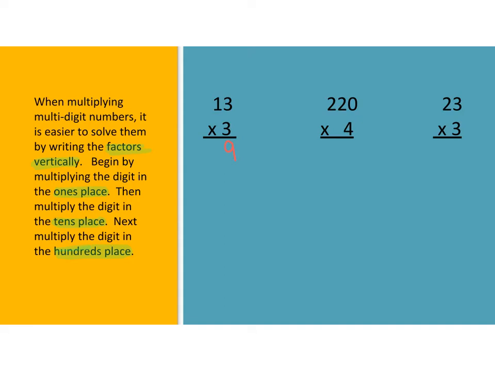Now I'm going to multiply my 3 on the bottom by the number in the tens place. 3 times 1 equals 3. I've multiplied my number on the bottom by both of the digits on top. So 13 times 3 equals 39.